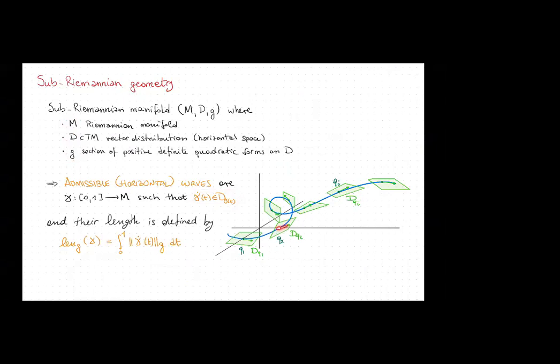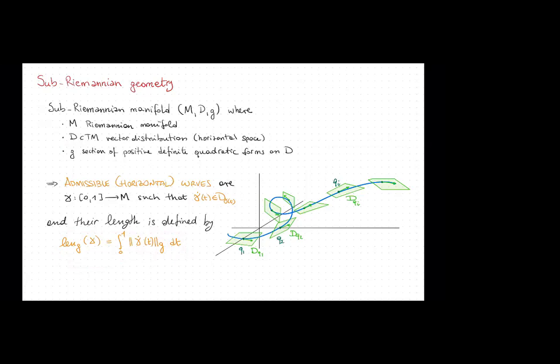At each point, the velocity of the curve belongs to the corresponding distribution. And then the length of our curve is the length with respect to this metric on the distribution, which makes sense now because the curve is admissible. So we know already that all the velocities will be in that plane, and our metric G is defined just there.